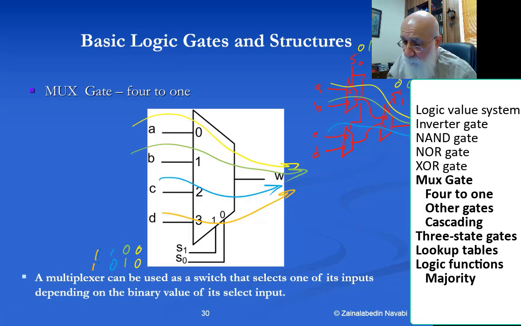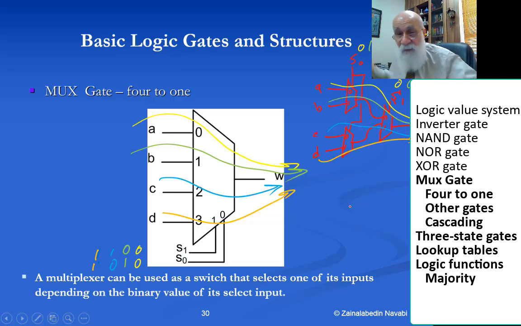The lower part of this multiplexer is going to go through, the lower part of this is going to go through, and therefore D is going to appear on the output. Okay, you can do the same thing for 8-to-1 multiplexers as well.